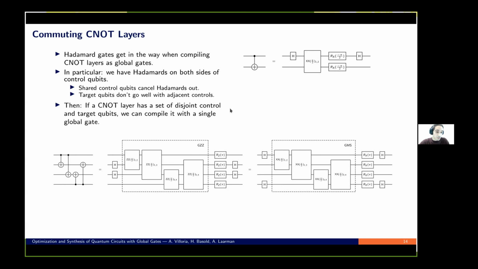So for example, a circuit like this that has 4 CNOTs with different controls and targets, but the controls and the targets do not collide on a same qubit, you can always compile using just a single hardware instruction for the entangling part, plus some single qubit gates. So in the case of the GMS, you would have then Hadamard gates only on the control qubits.